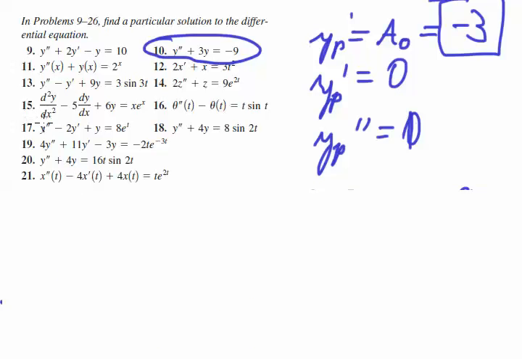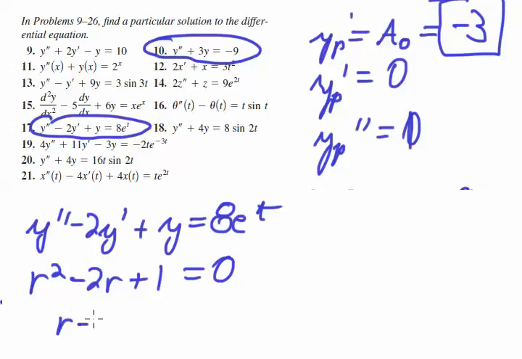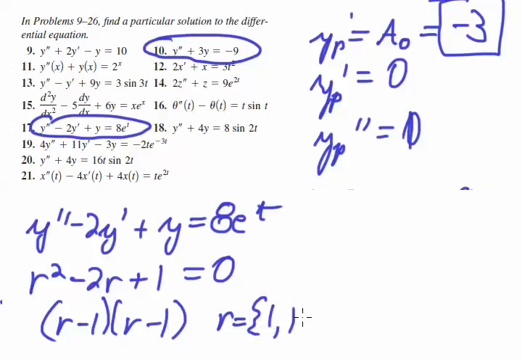So let's look at number 17 real quick. It says y double prime minus 2y prime plus y equals 8e to the t. R squared minus 2r plus 1 equals 0 for the characteristic equation. And we would have r minus 1 times r minus 1. So our roots are r equals 1 comma 1.